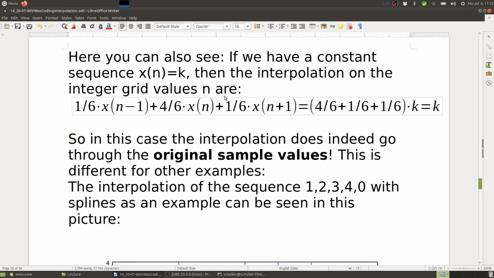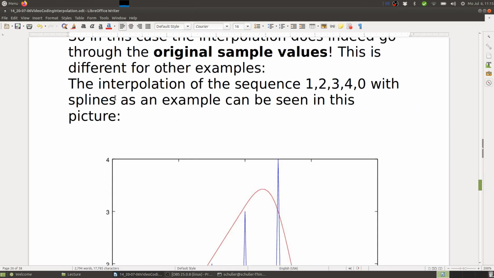Right, and if these are all the same, they're all k, we can factor it out, and you can see the sum is 1, right? 4/6 plus 2/6 is 6/6 is 1, so we get k. So in this case, it actually is fine. It goes right through the original sample values. But this is different for other examples.